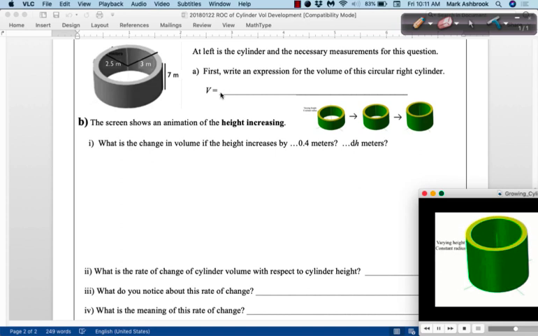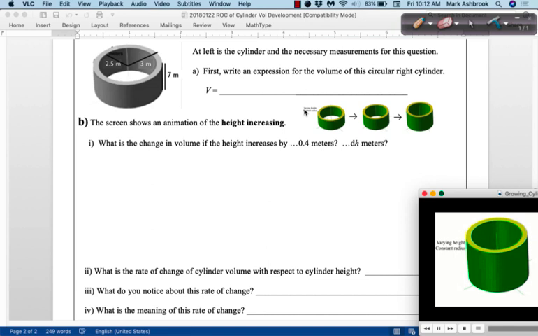Here's one particular volume, and now you're going to express a change in volume if the height increased by 0.4 meters, starting from 7, and then eventually if the height changed by dH meters, say starting from 7.